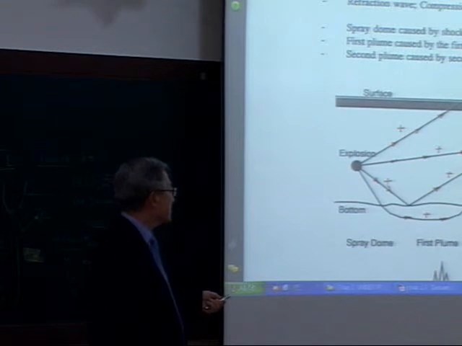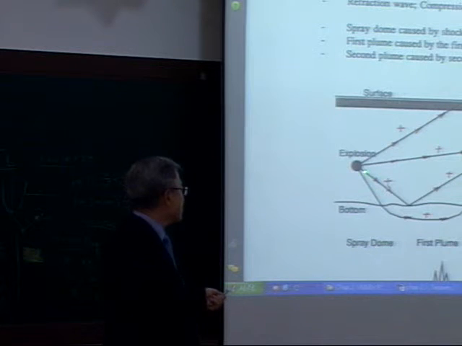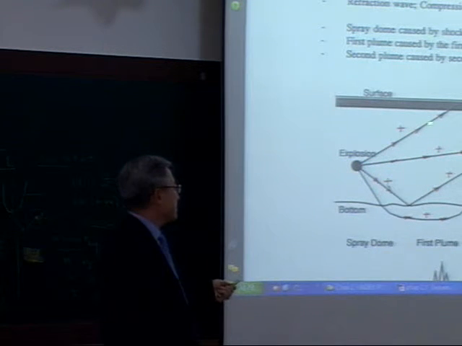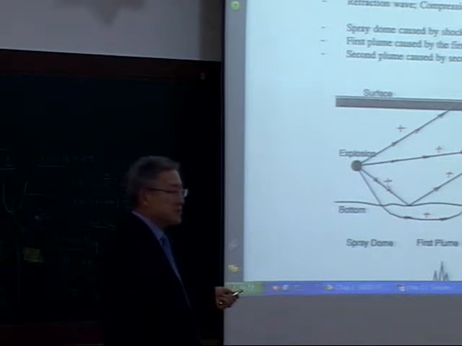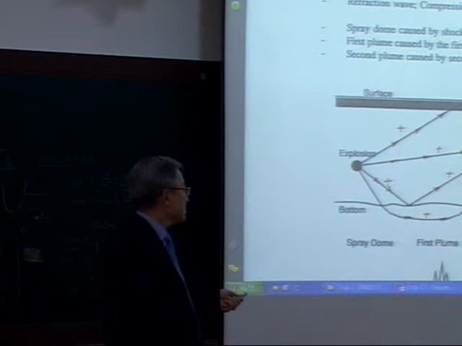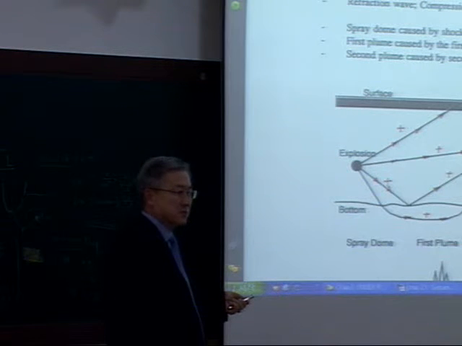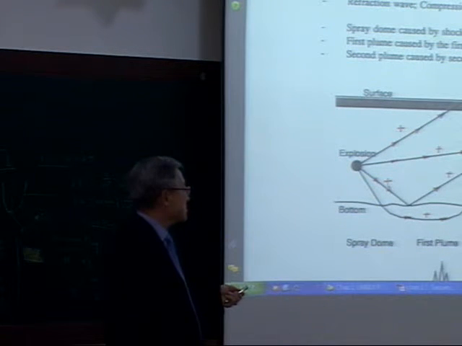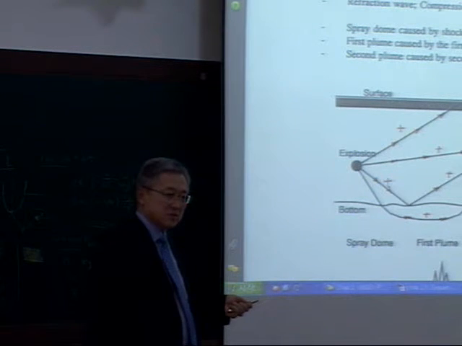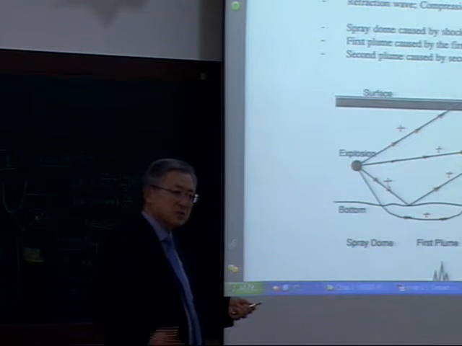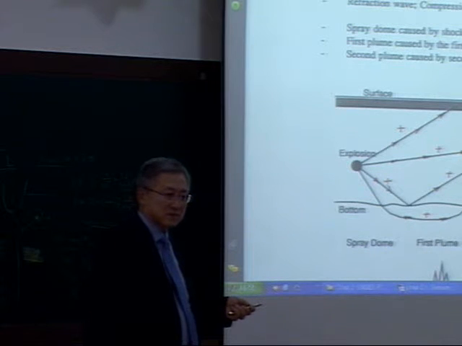So if you look here, the pressure wave will come and hit first. Then right after, this rarefaction wave will hit, which is negative pressure. This is a positive pressure. Then as this wave hits the target, it cuts off the pressure. So it generates the so-called surface cutoff.